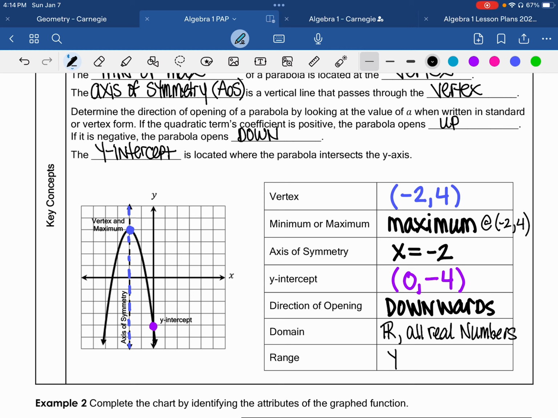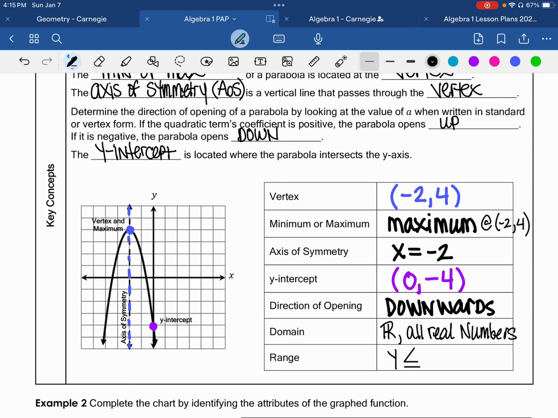If you have a min or a max, these are all different ways that you can decide which inequality to use. Since I have a maximum, that is the highest. So everything must be less than or equal to my maximum value. I can't have anything higher than that.